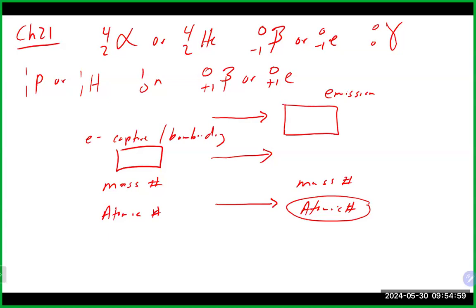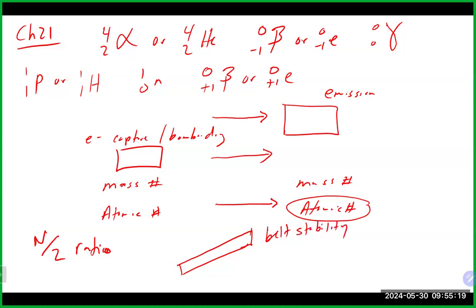We also talked about stability, and one of the major things that you could look at in terms of stability is the N to Z ratio, which is basically your neutrons to protons ratio. And there is a belt of stability or a valley of stability where, depending on the atomic number, like 1 through 20 is a good ratio of 1, 20 to 40 is like 1.25, and so forth.